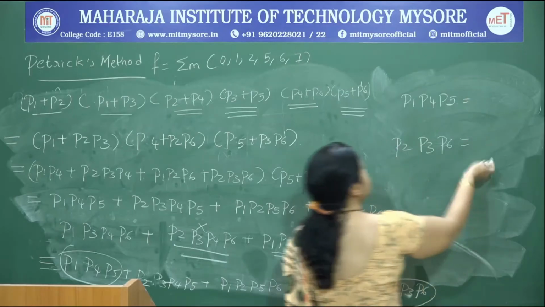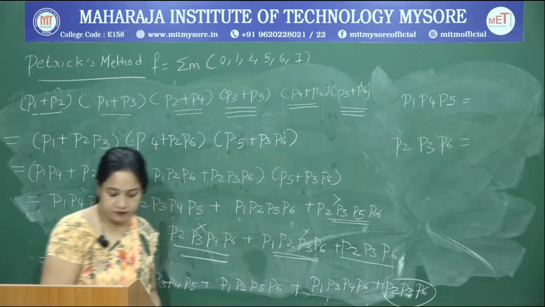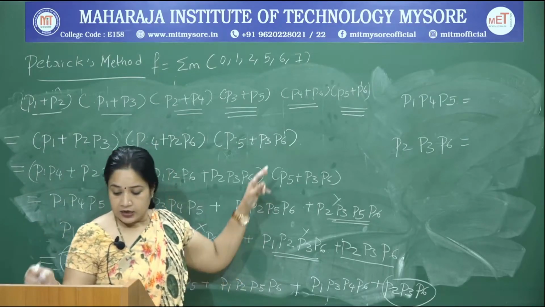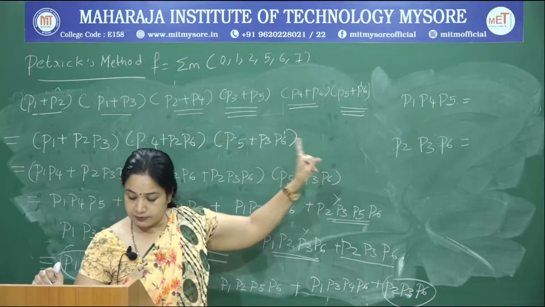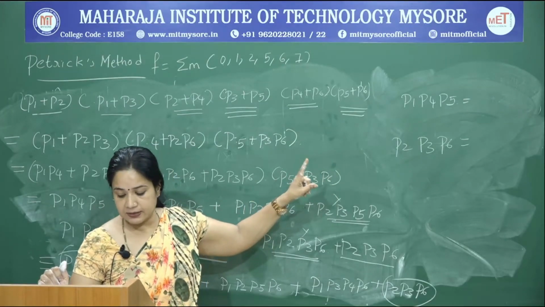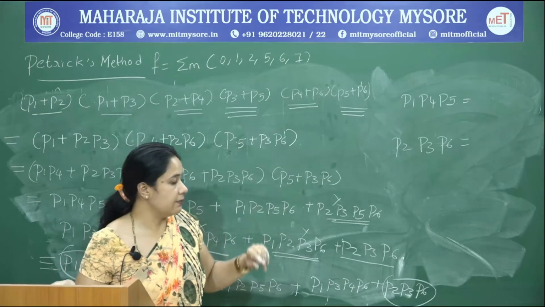You just try to map this from the second table wherein you have extracted this. So P1 P4 P5 ends up being A bar B bar plus B C bar plus AC, and P2 P3 P6 ends up being A bar C bar plus B bar C plus AB.